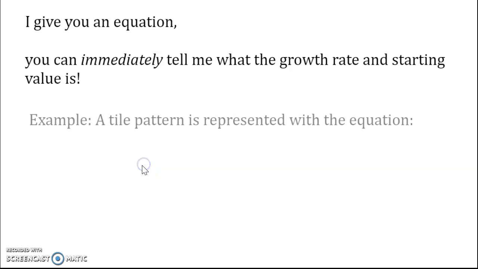So for example, a tile pattern is represented with the equation y is equal to 3x plus 7. Which is the number that tells us how many tiles were added, and which is the number that tells us the number of tiles in figure 0?